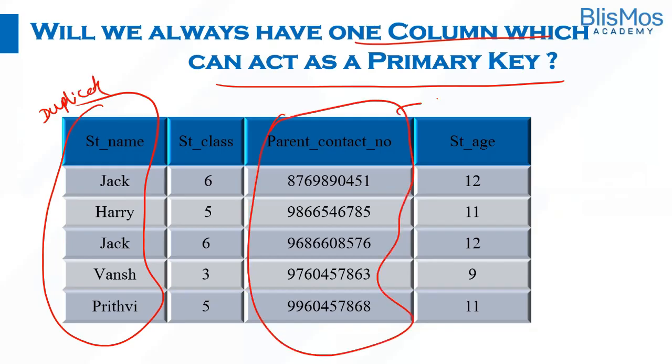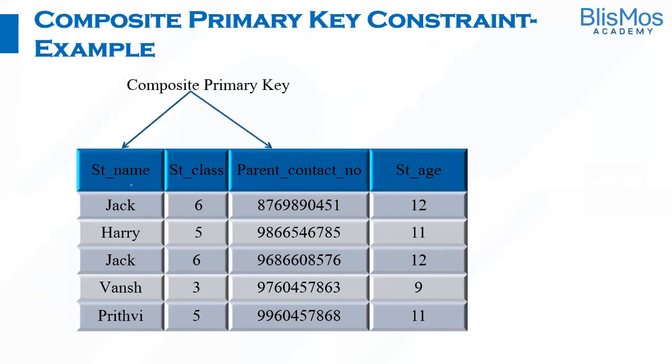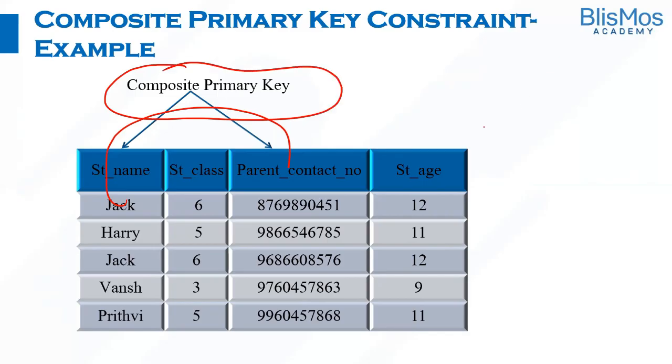So in that case, what we can do is combine this column with this column, or whichever the appropriate column, to make a composite primary key. So if you want to make the primary key out of the natural columns only, we can combine those columns and make a composite primary key.